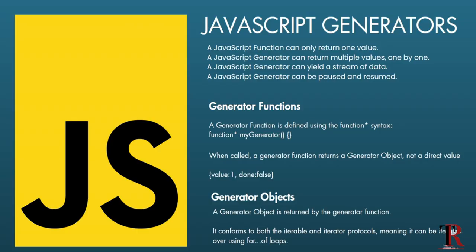In the traditional function in JavaScript, you can only return one value. It does not matter whether that value contains different items or different elements. You only return once. But a generator can return multiple values one by one, and you will see how it can do that in the example that will follow this video.